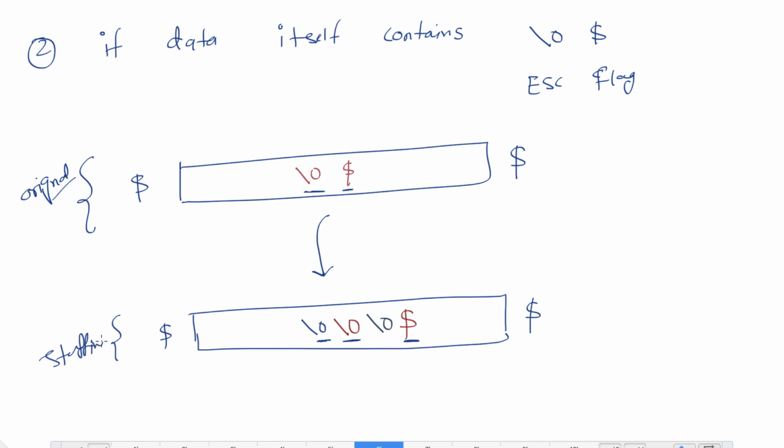Now whenever it reaches the receiver, the receiver will always ignore the first ESC and take this as a part of data, ignore the second ESC and take this as a part of data.